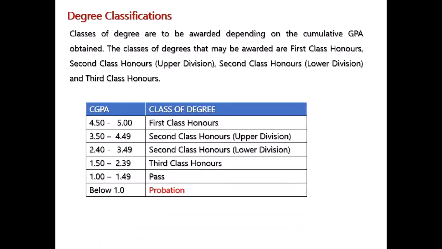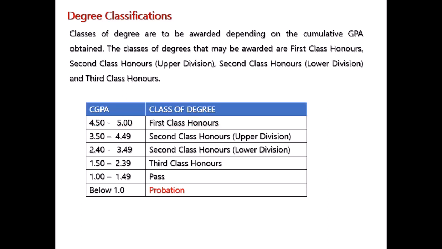If we take a look at this table, the first column shows CGPA ranges, then the second column shows the class of degree that will be awarded. So if at the end of your 4 or 5 or 6 years in the university your cumulative grade point average falls between 4.50 to 5.00, you will be awarded a first class honors.